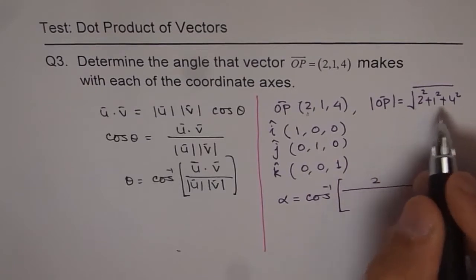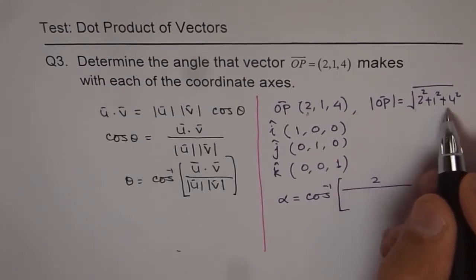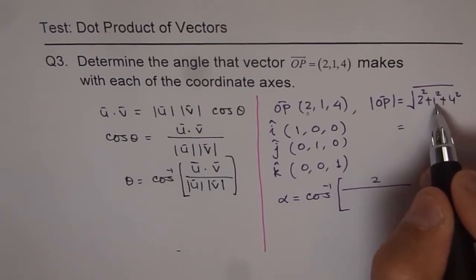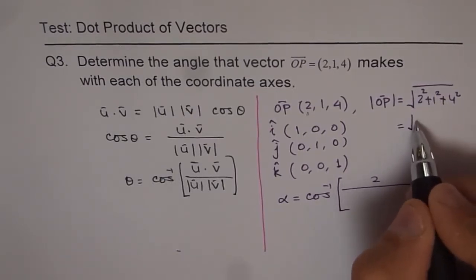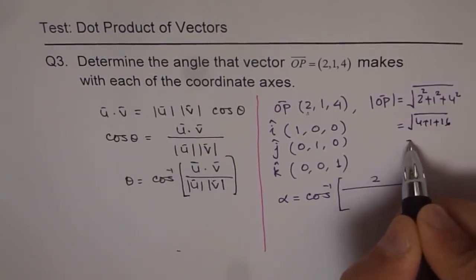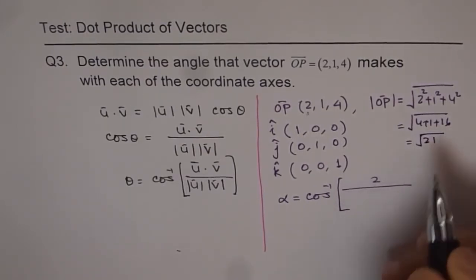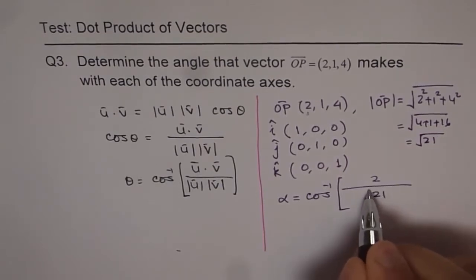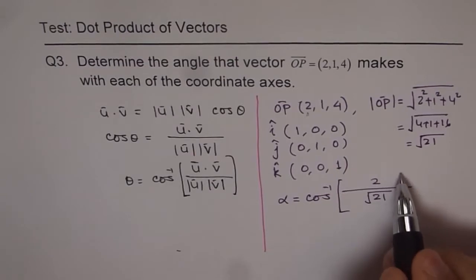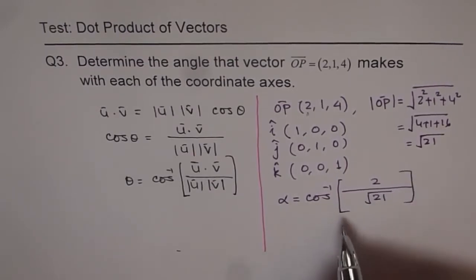The magnitude of OP, whatever you calculate here, in this case is 4 plus 1 plus 16, which is the square root of 21. So you'll get the square root of 21 here, since the magnitude of the other vector, i, j or k, is just 1. That is how you can get your answer.